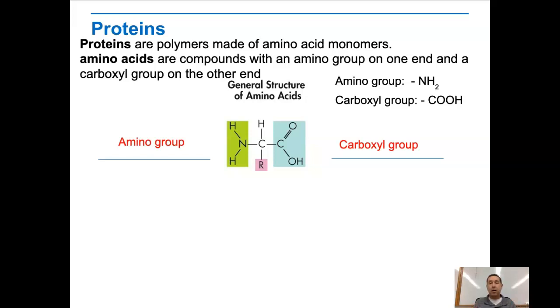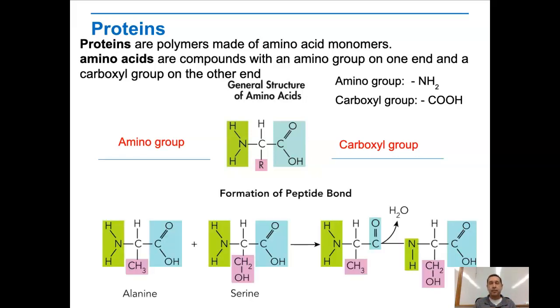And the R is a side chain, and what is in that R side chain gives each amino acid its specific properties. To make a protein involves making peptide bonds, joining amino acids together at the carboxyl and amino group ends, and water is given off. You can see the peptide bond formed by joining these two amino acids.